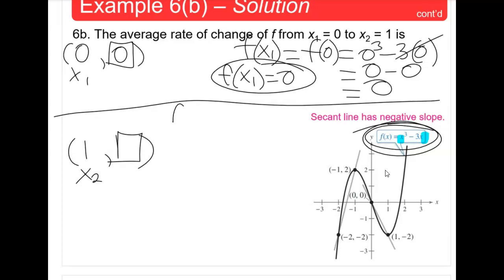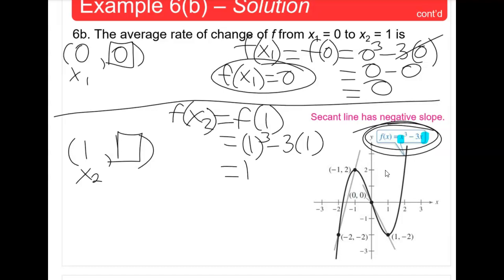Now let's do the same with the other x values. So we need f of x sub 2, which is going to be f of 1. And for that, now we're going to substitute 1 to the third power minus 3 times 1. So this will equal 1 minus 3, which is equal to negative 2.